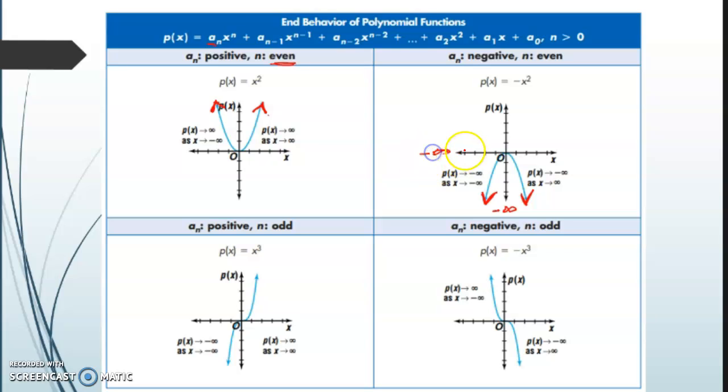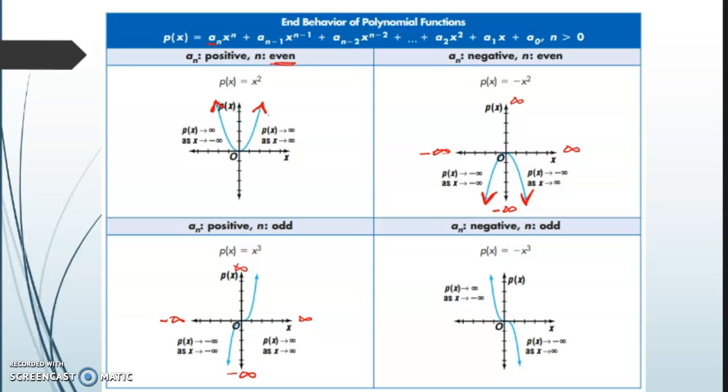For x, this is negative infinity going this direction. For P of x going up, that is positive infinity, and x going in this direction is positive infinity. So, in this case, as x approaches positive infinity, your P of x is still approaching negative infinity. Works the same way here.